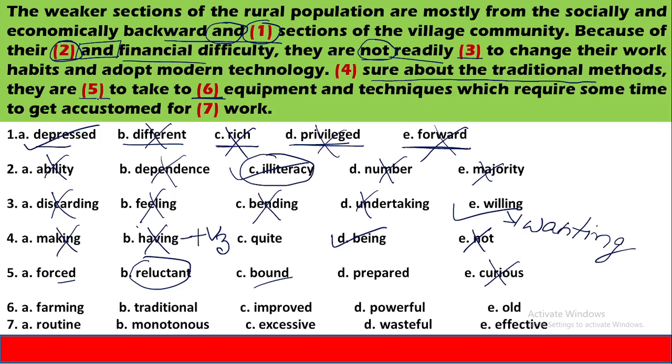That will decide the fate of this fifth option. So either forced or bound, both give the same meaning. They are reluctant. Let me consider this option: they are reluctant to, they are unwilling to take to.